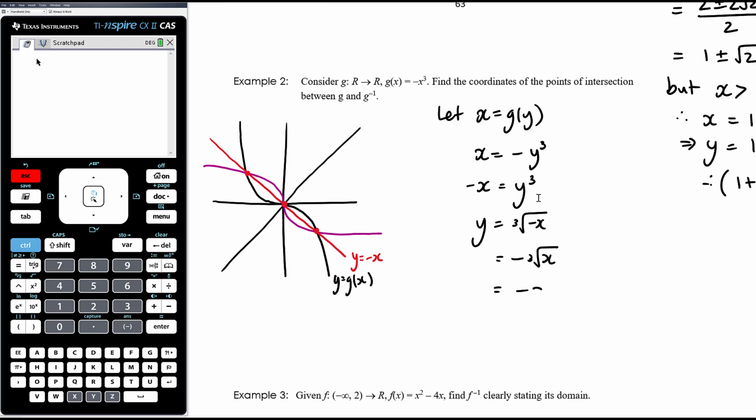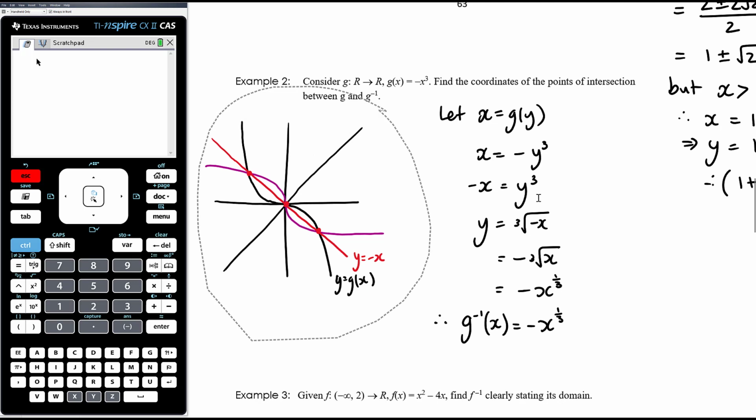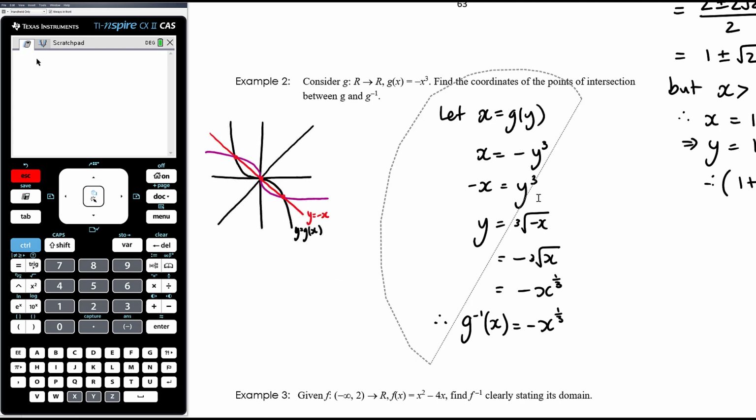You might choose to write that as negative x to the power of a third instead of writing the cube root, however you want to write it. Okay. So your inverse of G is negative x to the power of a third. Now, I've drawn that graph too big because I'm going off room here. Let me make that smaller.